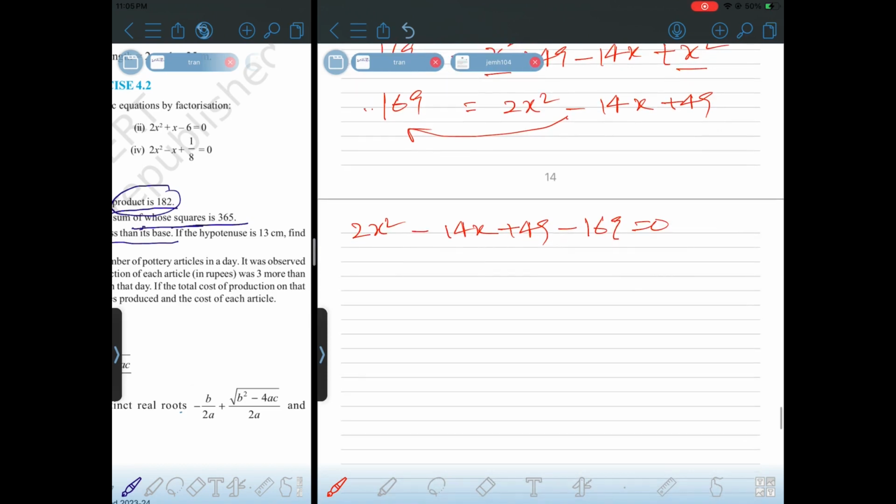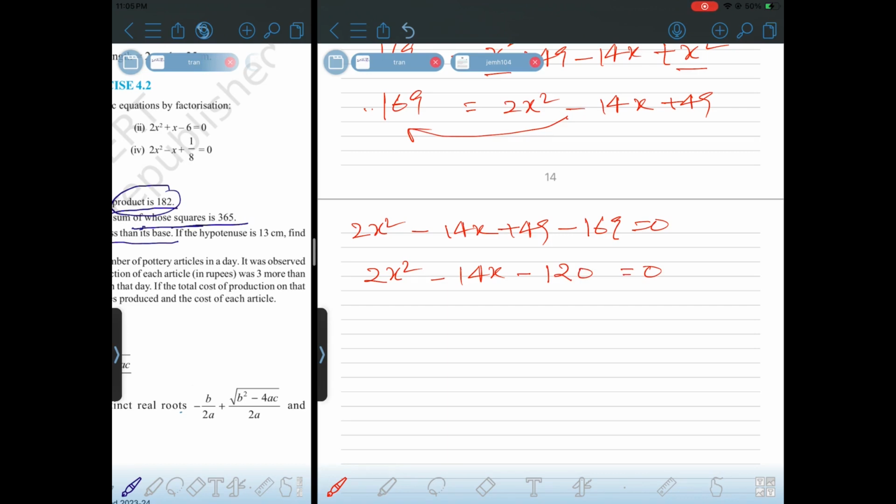So now the equation becomes 2x square minus 14x, and if you subtract these two numbers, how much do you get? You get minus 120 is equal to 0.